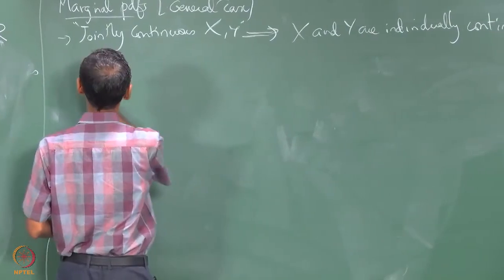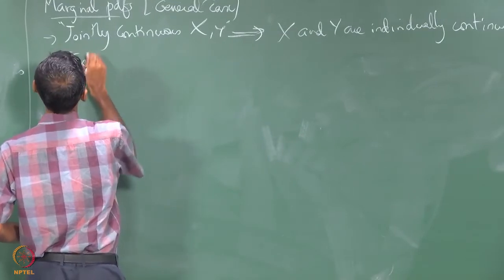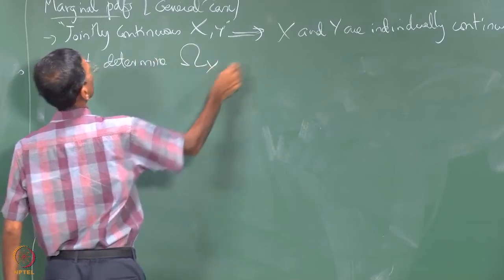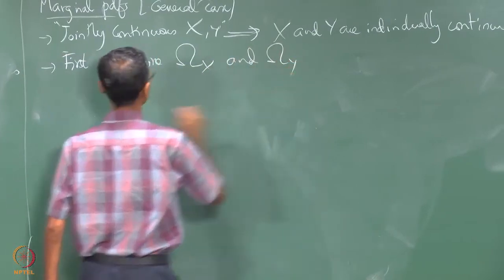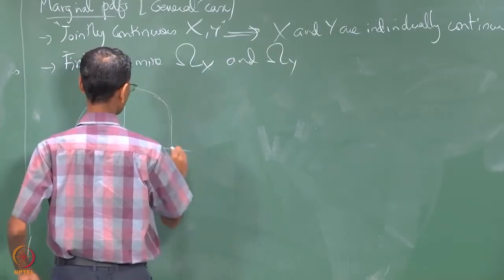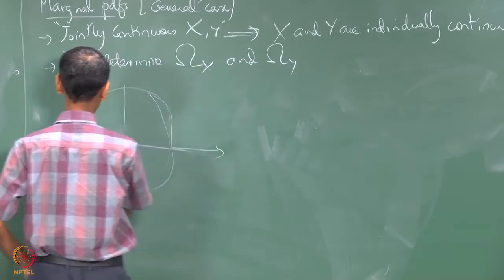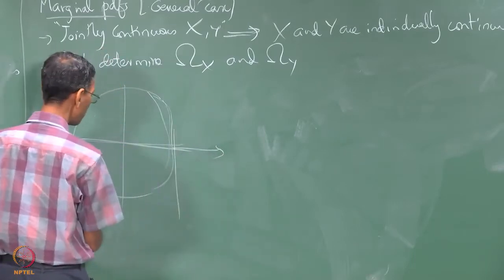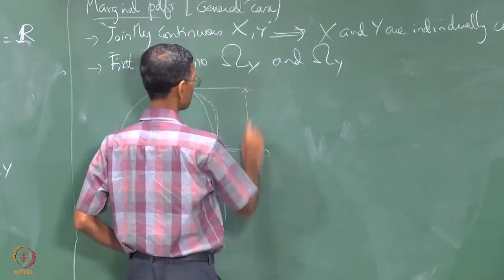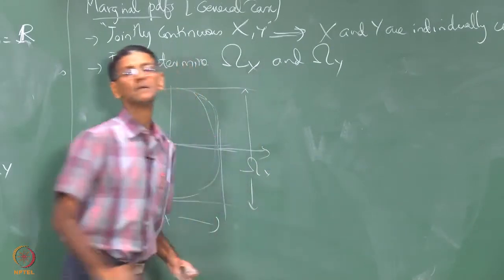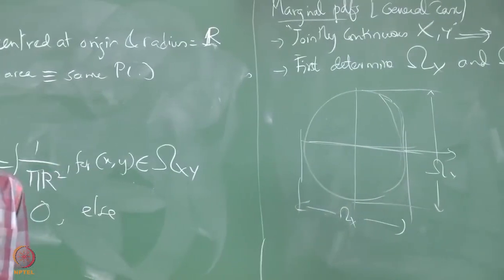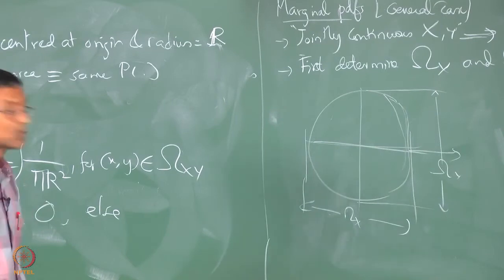So first determine: if I have some arbitrary singly connected region similar to that but not exactly that, omega x and omega y will be the maximum spread of x and y, which includes all of omega xy.